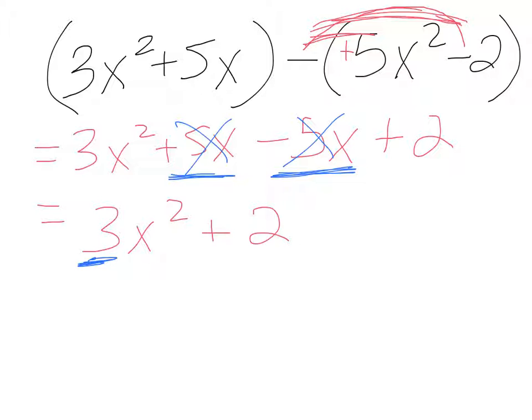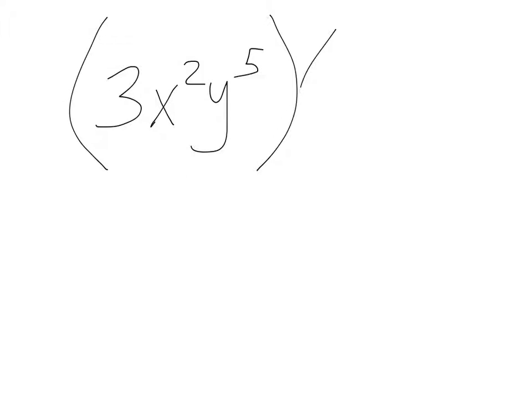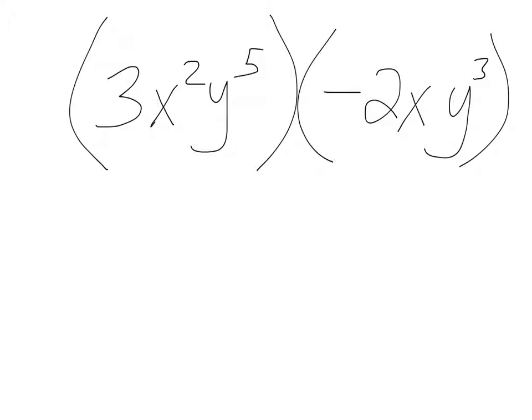Okay? The time that is different is when, say, you have 3x squared y to the 5, and that is multiplied with negative 2x y cubed.